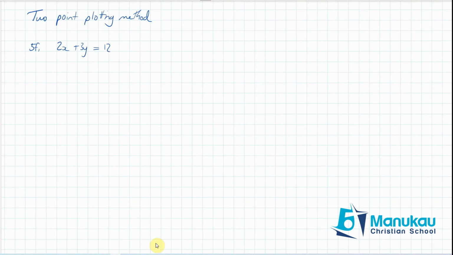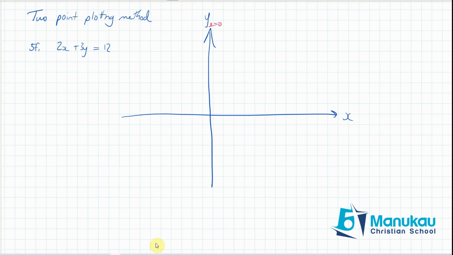Okay, so it's my y-axis, my x-axis. Now, key idea for the 2-point plotting method is that x is equal to 0 along the y-axis, right? And along the x-axis, this way, we know that y equals 0.